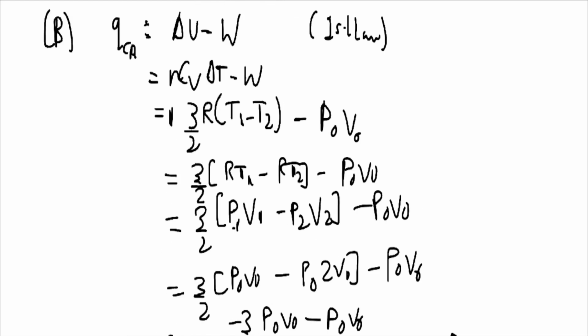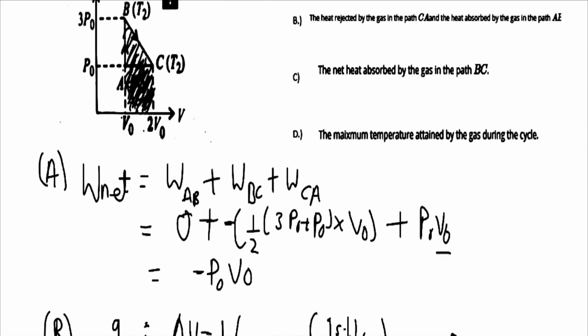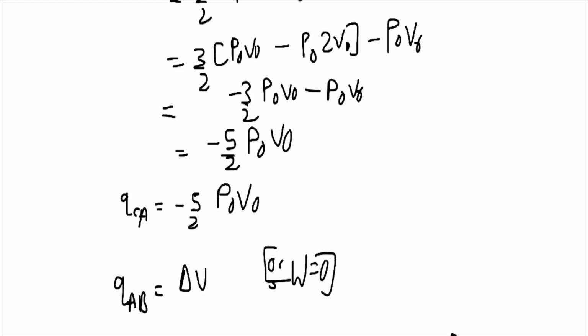And the second part of the B question, the heat absorbed by the gas in the path AB. If you see the path A to B, it's clearly an isochoric path in which work done would be 0. If you see QAB, that would be equal to delta U, because work done is 0 as it's an isochoric process.